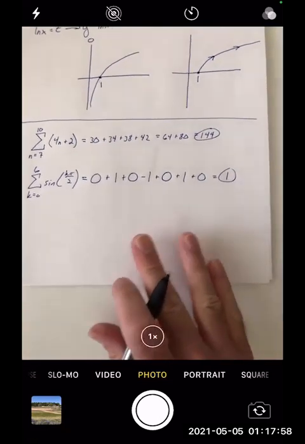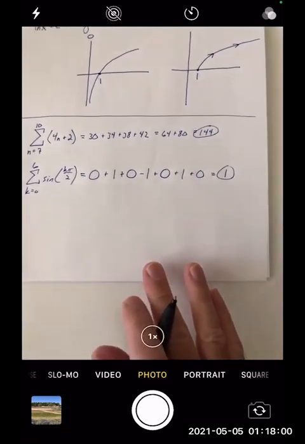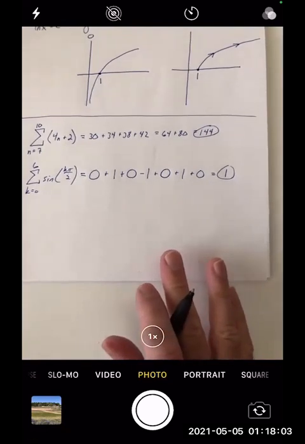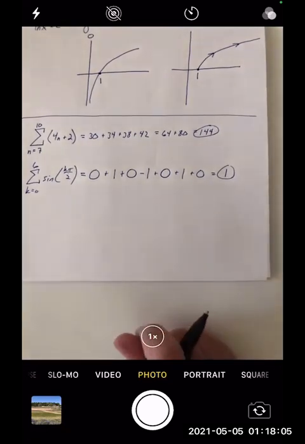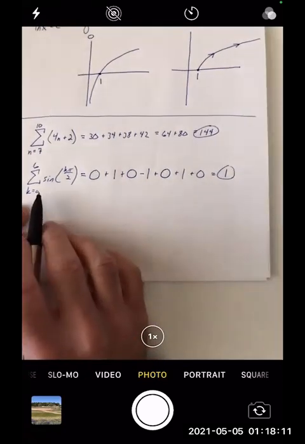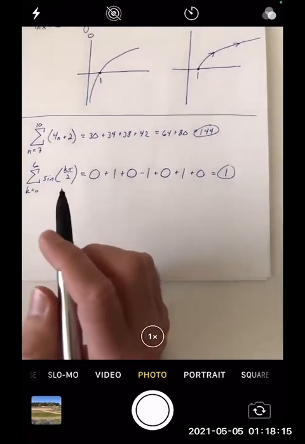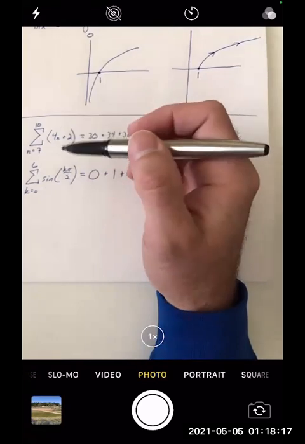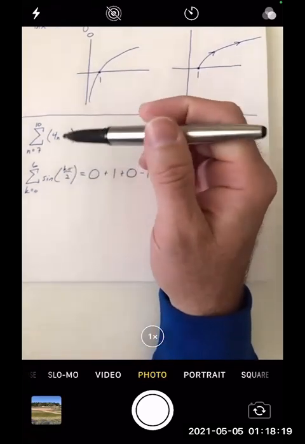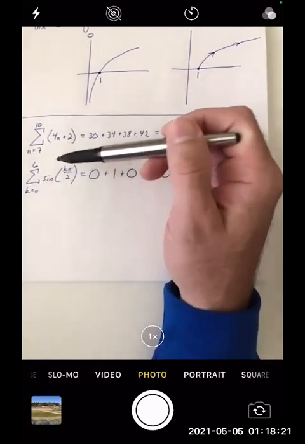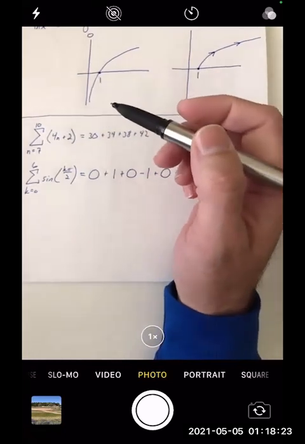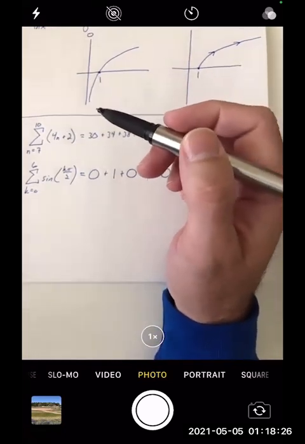I've got a question. The formulas will only work if k starts at 1? Yes. Okay, just making sure. If it went from 1 to 6, then those formulas would apply. But again, it's a trig function, so that can make it a little interesting.